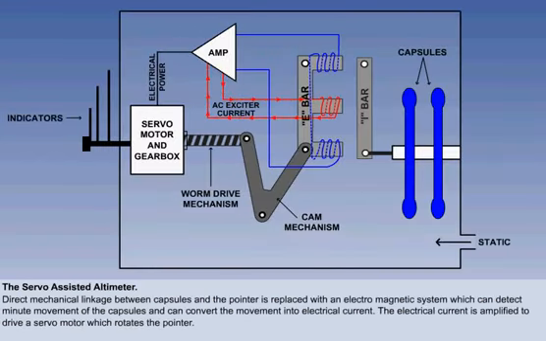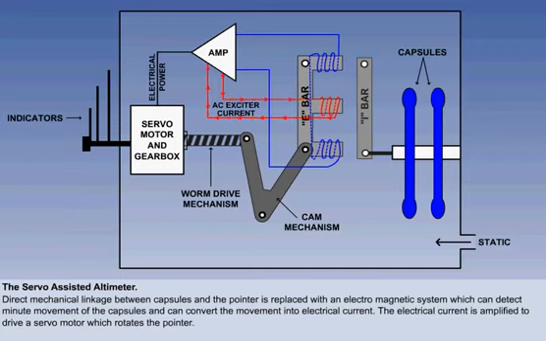A further refinement of the pressure altimeter is the servo-assisted altimeter, which gives improved accuracy, particularly at high altitudes, where the change in air pressure is much smaller than at low altitudes for a given change in height. The principle of the servo-assisted altimeter is that direct mechanical linkage between the aneroid capsules and the pointer is replaced with an electromagnetic system.